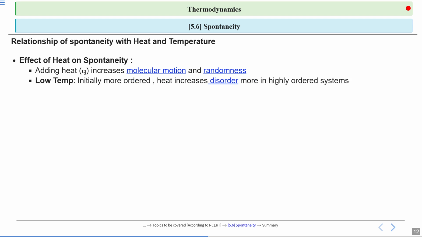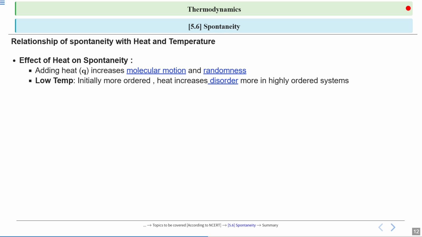Then let us look at temperature. Now think of a situation. Suppose you are taking ice, right? You are taking ice and start to heat it. What you will observe is that your ice shows a quick change in temperature, or a quick change in state. It starts to convert easily into the liquid form if you even supply a small amount of heat. Why is it so?